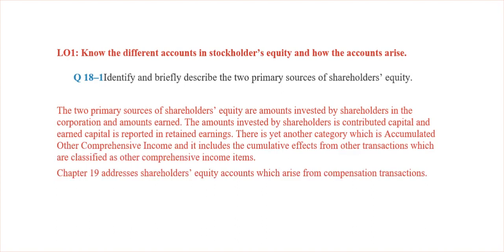There's another category in there, which is accumulated other comprehensive income. It's the cumulative effects from OCI items. The compensation transactions, you see paid-in capital from stock options, restricted share awards, restricted stock units. All of these are going to be discussed in a later chapter.